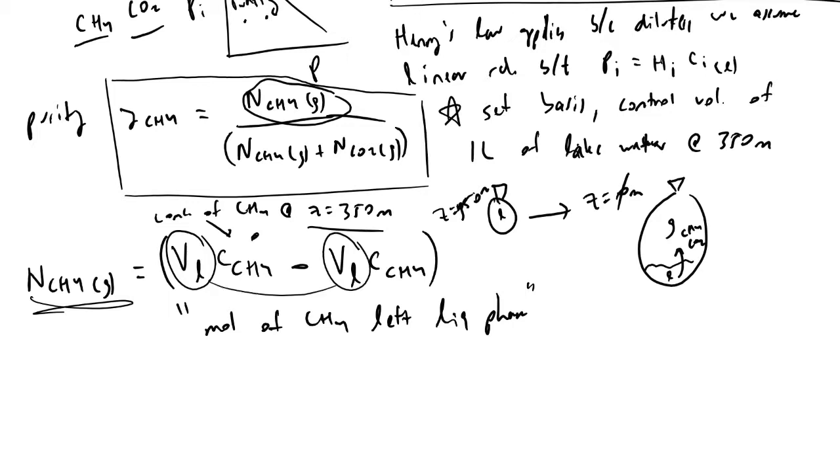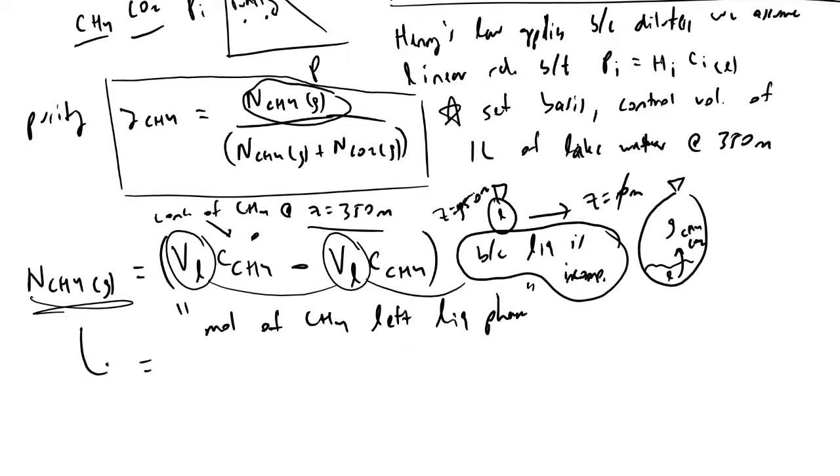These V sub L's are the same because the liquid is incompressible. Because we're relying on a physical property of liquids, that they are incompressible, we can make this very nice statement, and we can even pull out the V sub L term and simply get CCH4 naught minus CCH4.